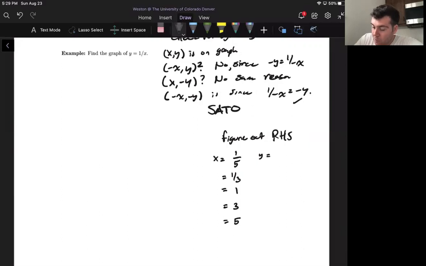And that will tell us that y equals 5, 3, 1, 1/3, and 1/5. And everyone should pause the video and verify that these corresponding values are correct.